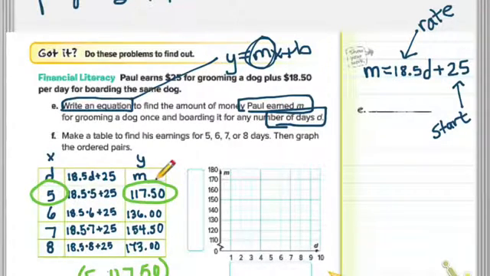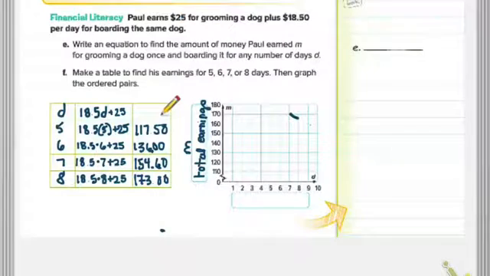And of course, we want to start by labeling. So we are looking at M being the total earnings, or on the y-axis, and that is your money. And then looking at the x-axis being days, or D. And we want to plot our ordered pairs.